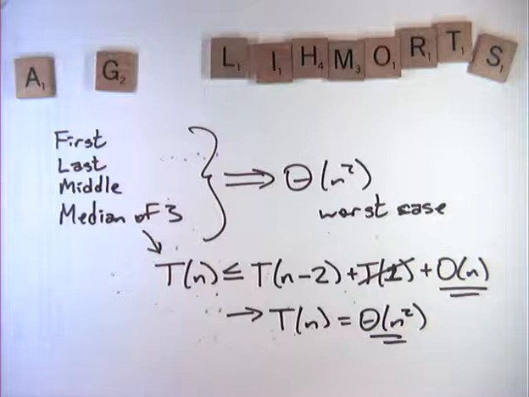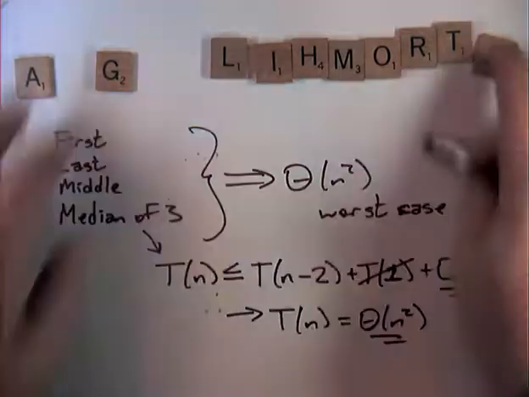Right, so the problem is the pivot is in the final sorted order somewhere near one of the extremes.